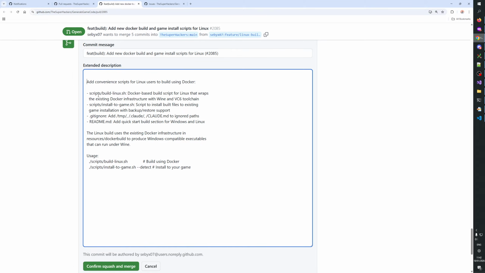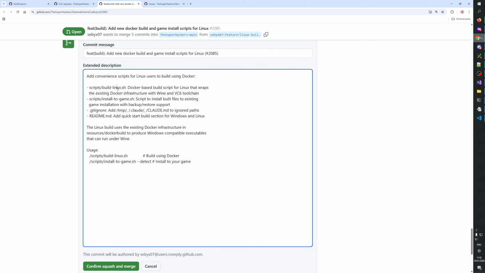Okay. Add convenience scripts for Linux users to build using Docker.